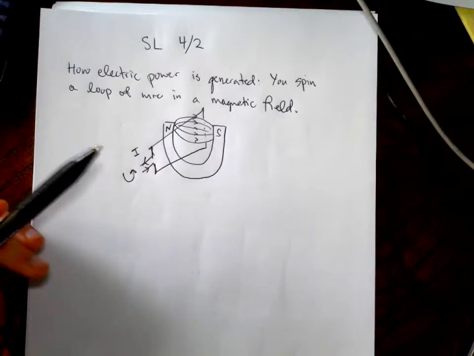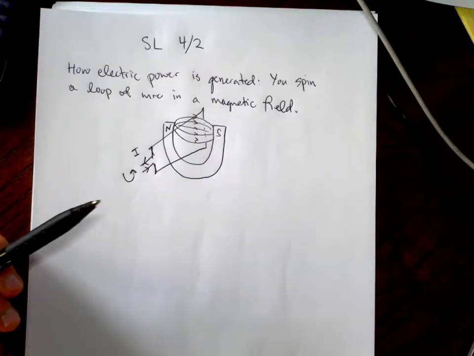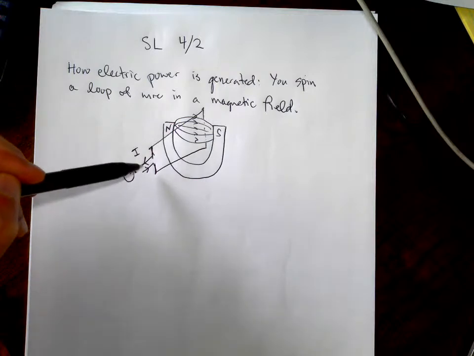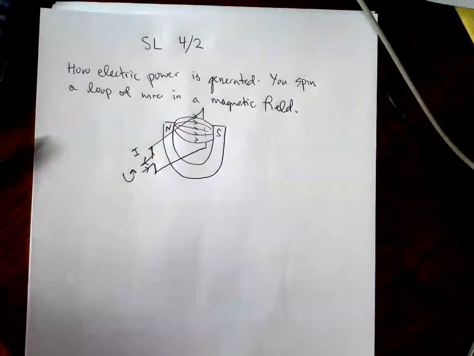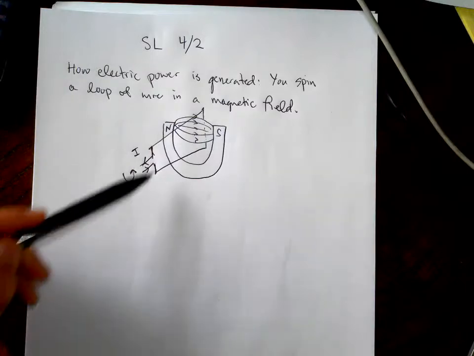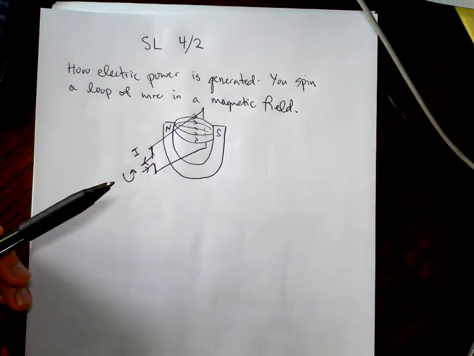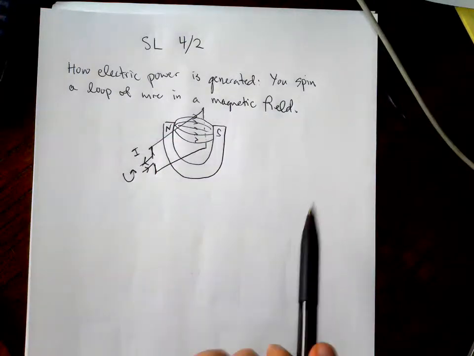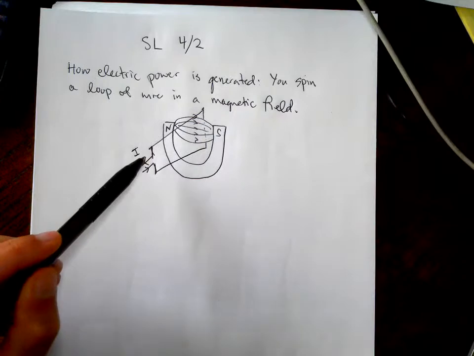So for example, if you had a wind turbine, the spinning propeller on the wind turbine is connected to this loop. So every time the turbine spins, the loop spins. So you're using wind energy to spin the turbine.